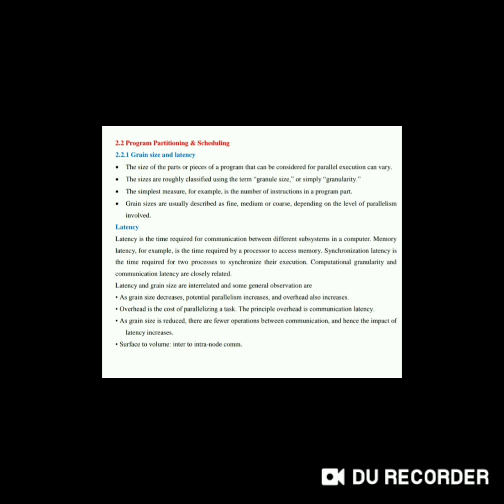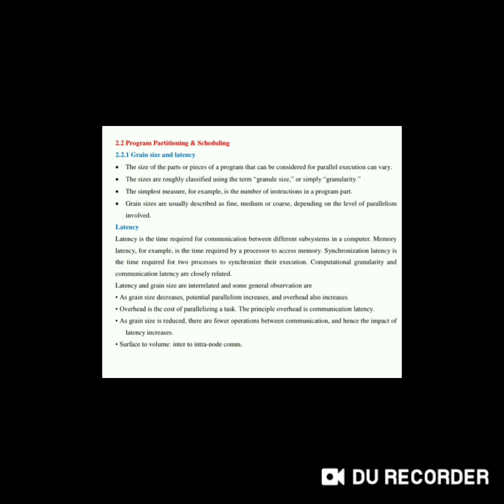The simplest measure, for example, is the number of instructions in a program part. Grain sizes are usually described as fine, medium, or coarse, depending on the level of parallelism involved.